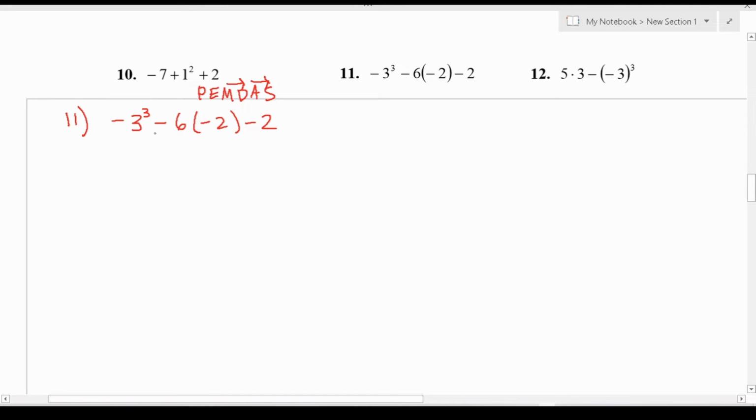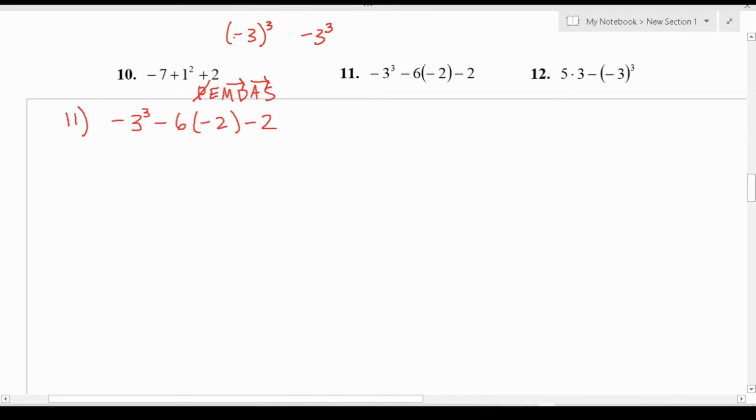We have no parentheses to work on, so we can cross that out. That said, we do have exponents, notably negative 3 cubed. And this is going to be a good chance for me to discuss what's going on there. There's a difference between this, negative 3 cubed, and negative 3 cubed.